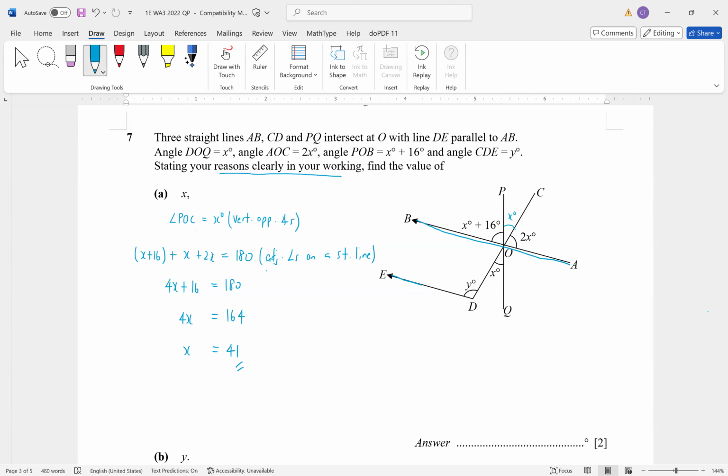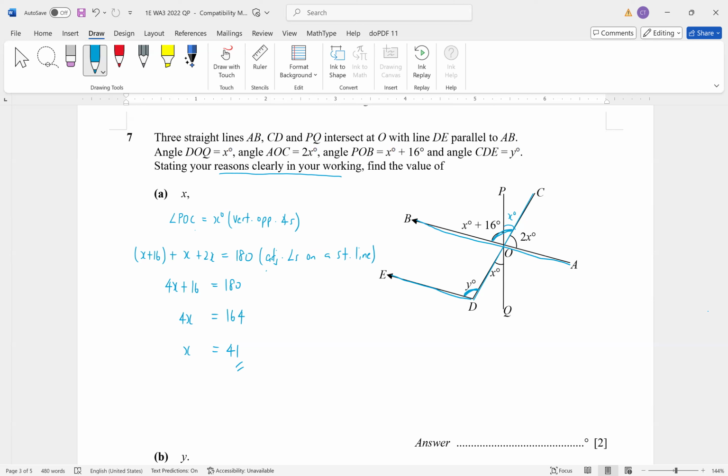Then you have your transversal, CD, that cuts across. Whenever you have two parallel lines and a transversal, you can start looking out for angles like corresponding angles or alternate angles. Now it should become quite clear that this angle Y degrees will be equal to this whole angle, because of the property of corresponding angles.